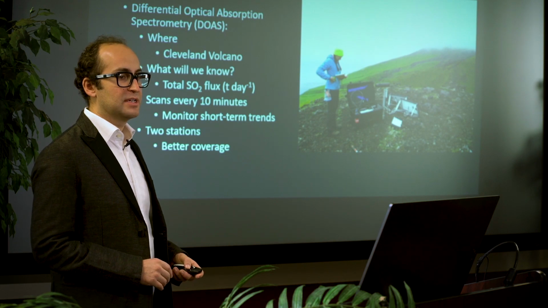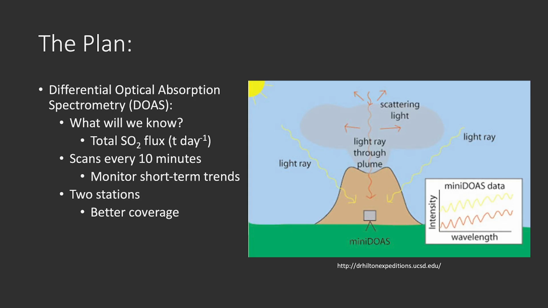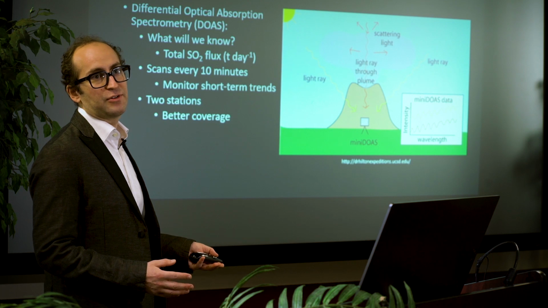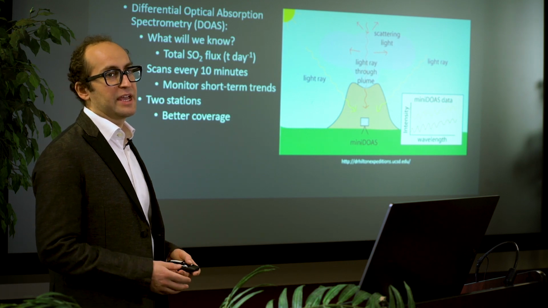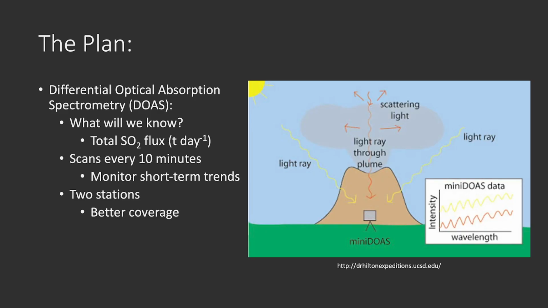So this technique works by scanning through the volcanic plume to measure the absorption of sunlight by SO2 in the plume itself. This technique works very well for SO2 specifically because while it's a present species in the plume, it's not something that occurs naturally in large concentrations in our atmosphere, unlike other gases emitted by the volcano, including carbon dioxide and water.